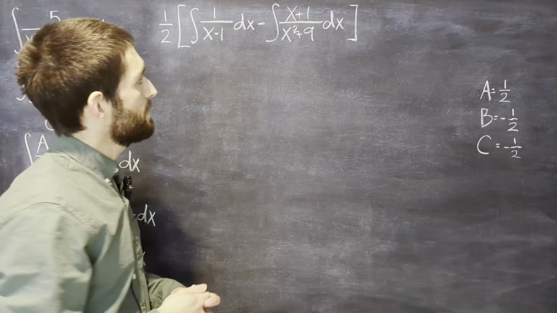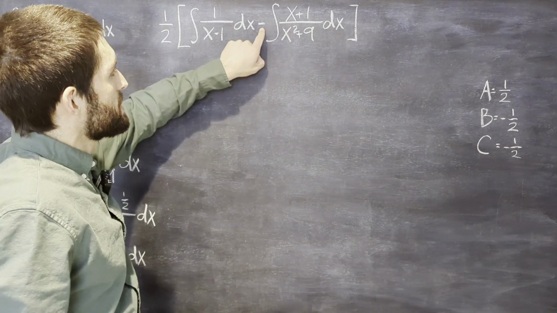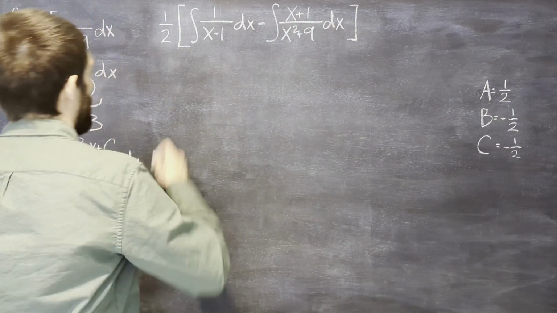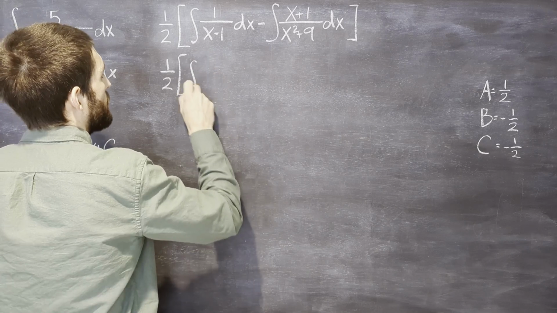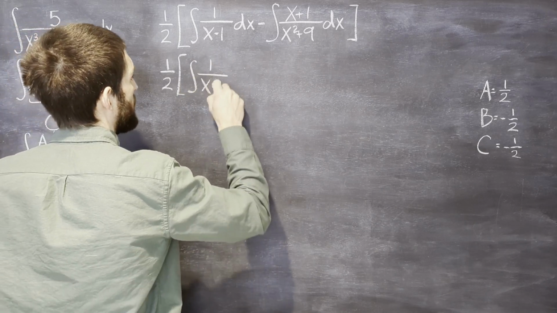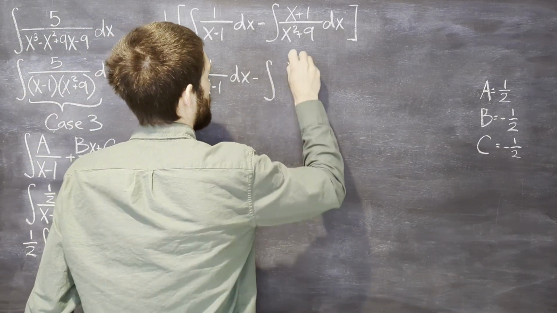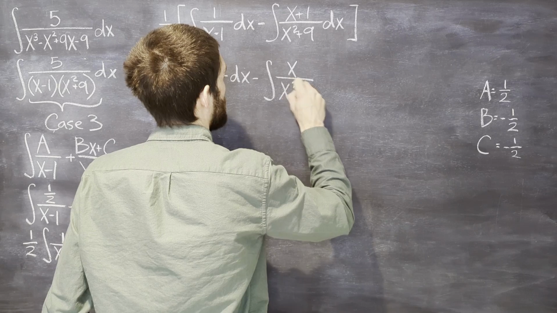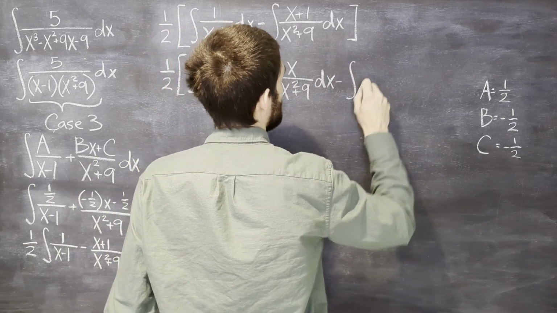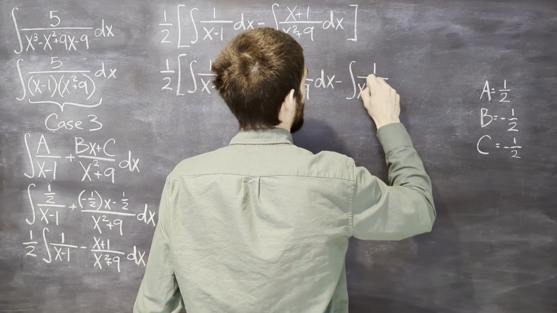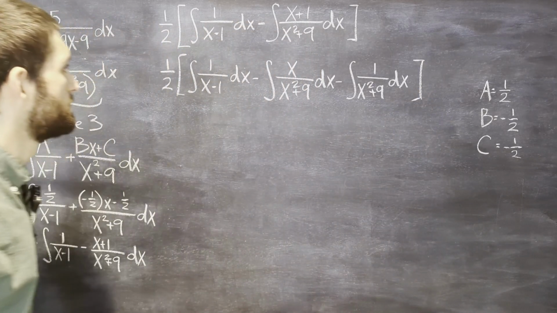To make integration easier, we'll break up this integral into two separate integrals, distributing the negative sign. That gives us 1/2, open brackets, the integral of 1 divided by x minus 1 dx minus the integral of x divided by x squared plus 9 dx minus the integral of 1 divided by x squared plus 9 dx, close brackets.